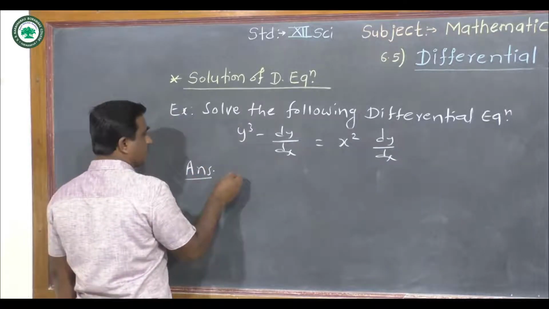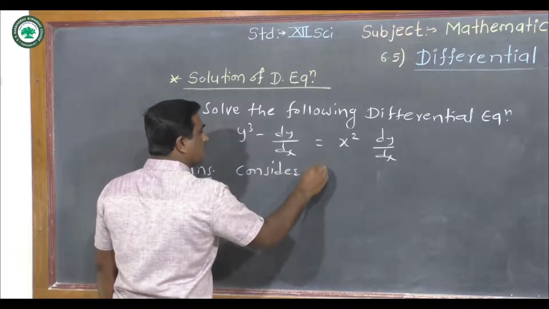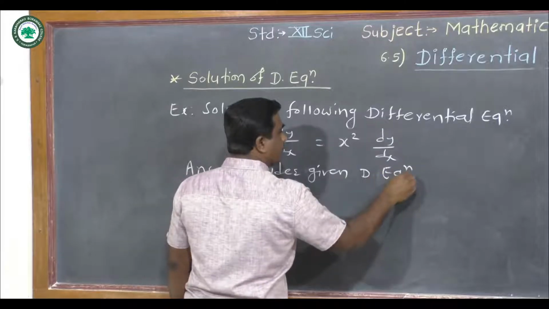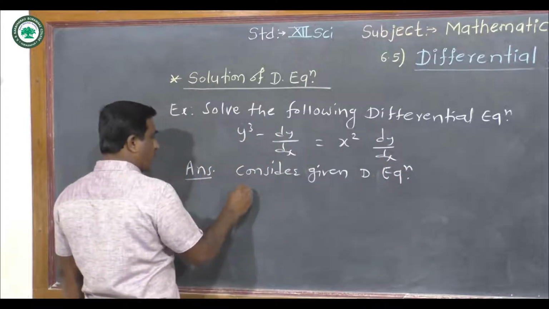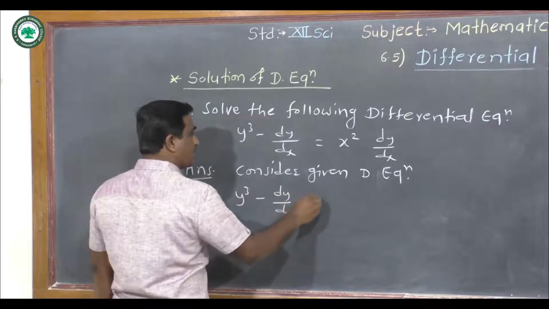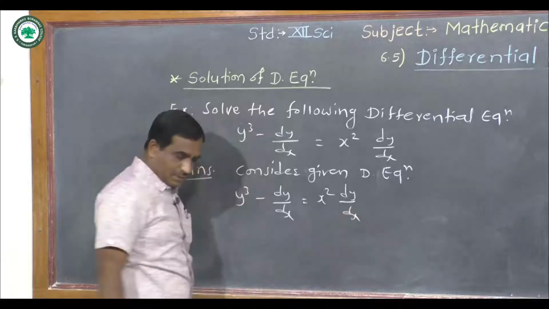Answer: consider the given differential equation, which is y cube minus dy by dx equal to x square into dy by dx.